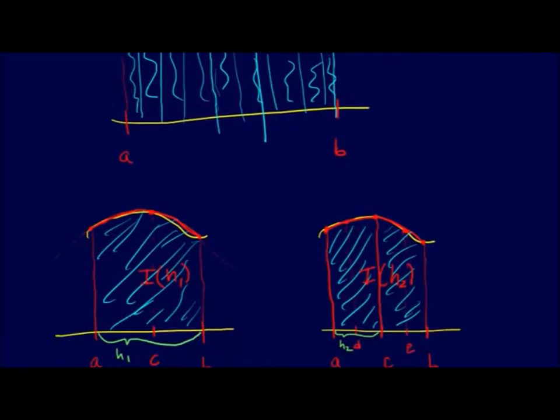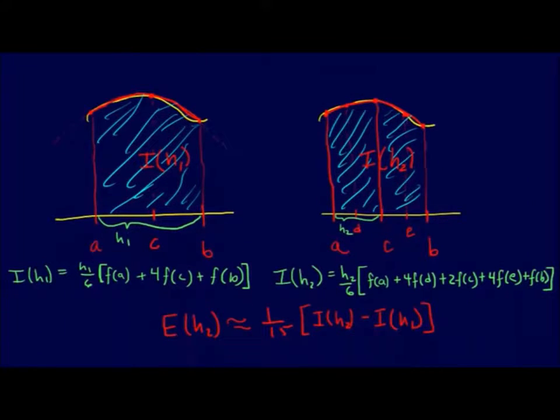So I've drawn a couple of functions here, and we're going to start out with exactly the same thing that we've been doing. We have an interval a to b where we want to estimate the area under this curve, and we can do that with a step size of h1. I've depicted the step size here as h1, and we're just going to call that IH1, just like we did before.